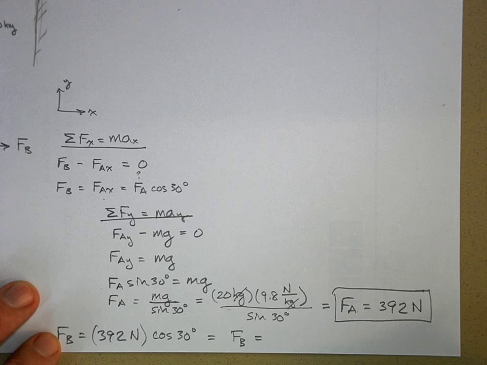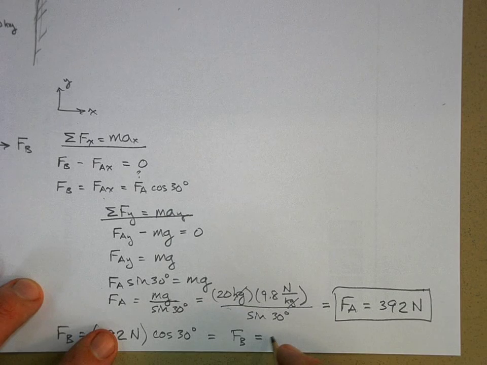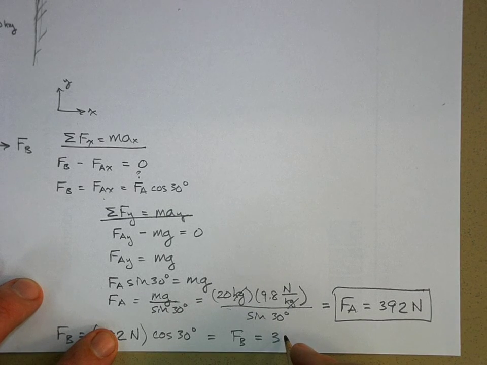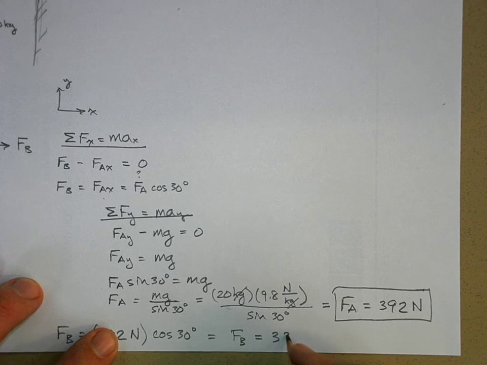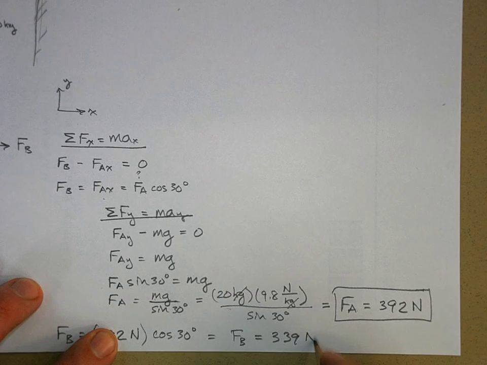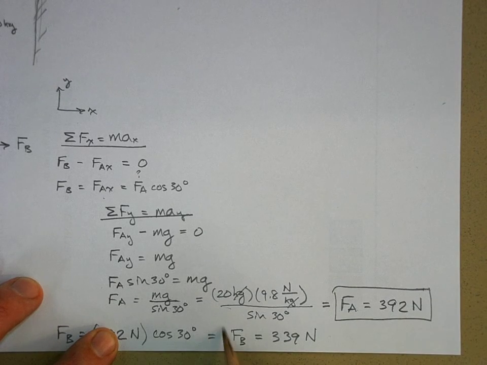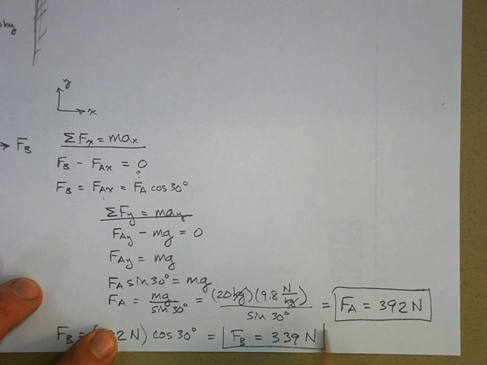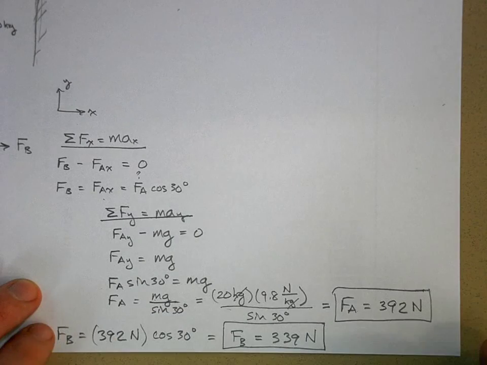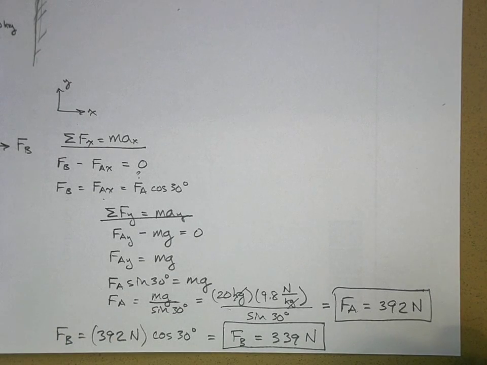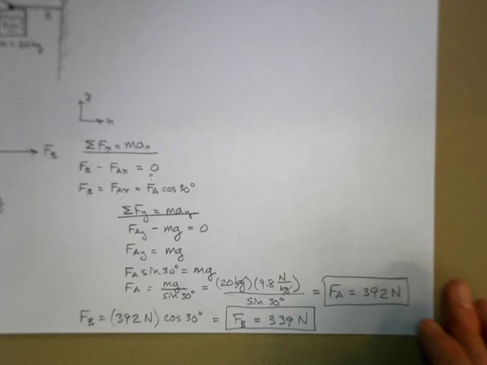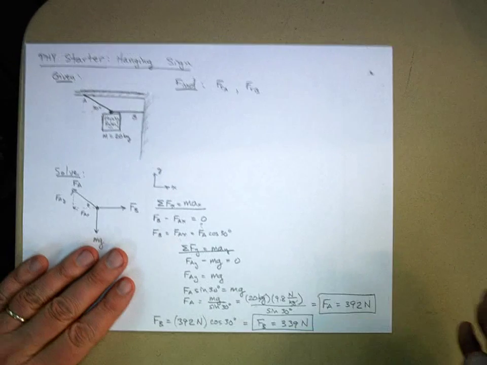What is 392 times the cosine of 30? 339.48. Yes, about 339. Let's round it off to that. If you want to put the 0.48, that's okay. Okay, let's zoom out so you can see the whole problem.